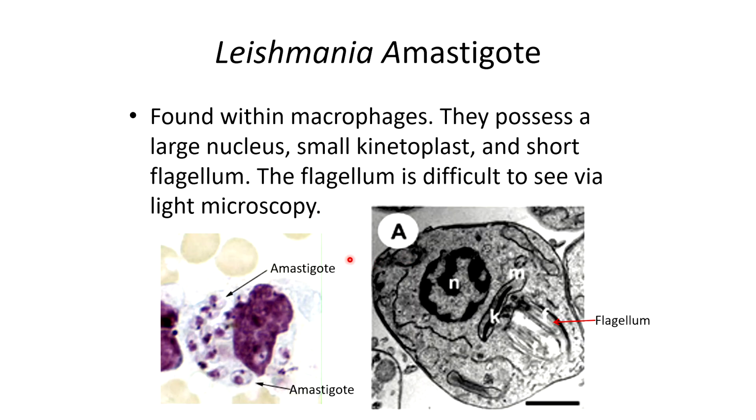And here's the Leishmania amastigote, which you'll find within macrophages of the host. They have a large nucleus, a very small kinetoplast, and a very short, small flagellum that is coiled up within the cell. You can't really see the flagellum with light microscopy; you can only see it through more detailed microscopy like electron microscopy here.